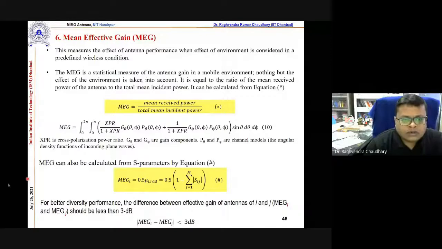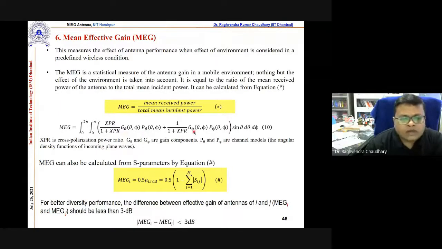We need to take care of this environment, the channel actually. Here you can see it depends upon G and P, where G is the gain theta and gain phi, and P is the power. So we may estimate it, and finally we may also do it with the S parameters. Correct. And this is the definition.